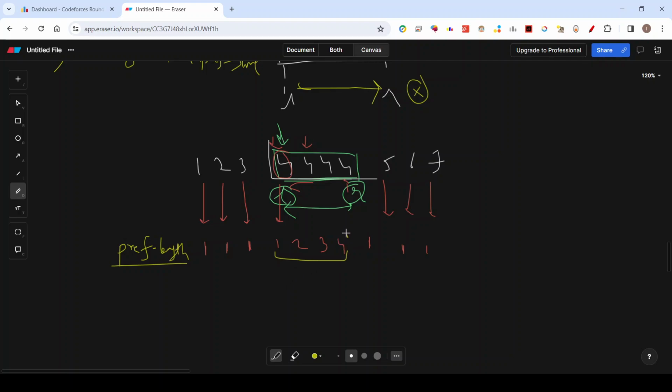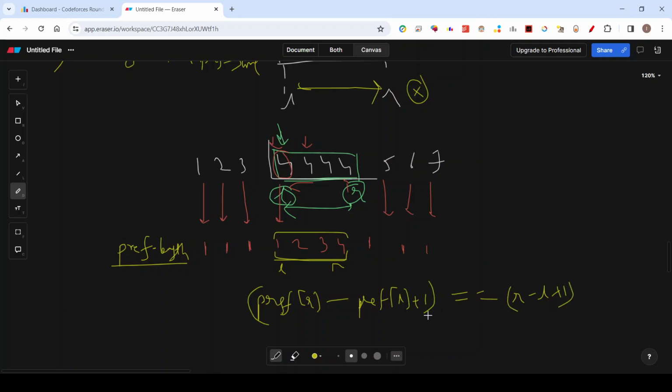If I denote L and R, I will say prefix at R minus prefix at L, plus 1. This denotes the length in the prefix contiguous array, and I will check whether that is equal to the length of the subarray, R minus L plus 1.